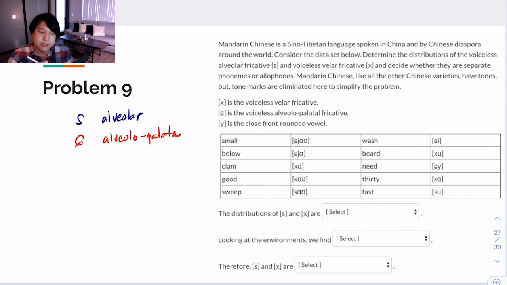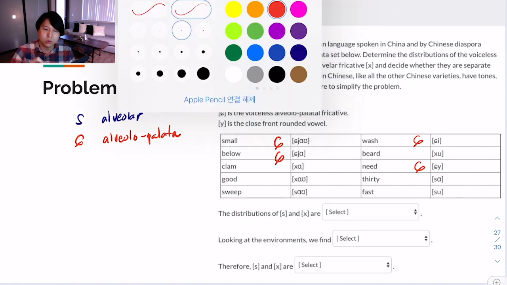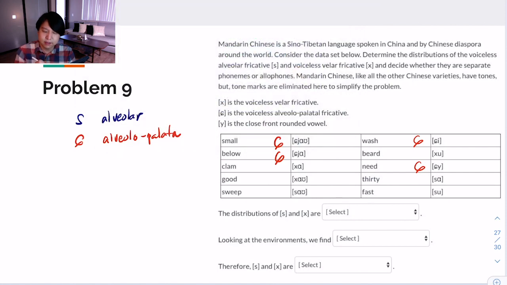Sha exists here, here, here, here. It sounds xiao, xia, xi, and xu. While S exists in sao, sa, su.